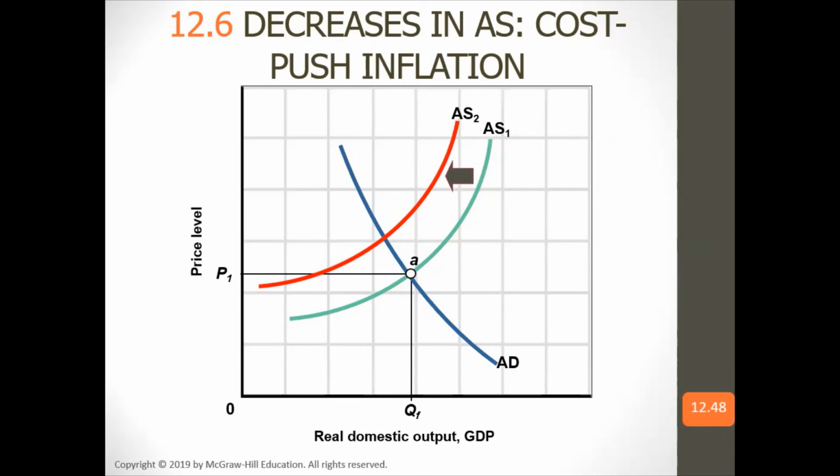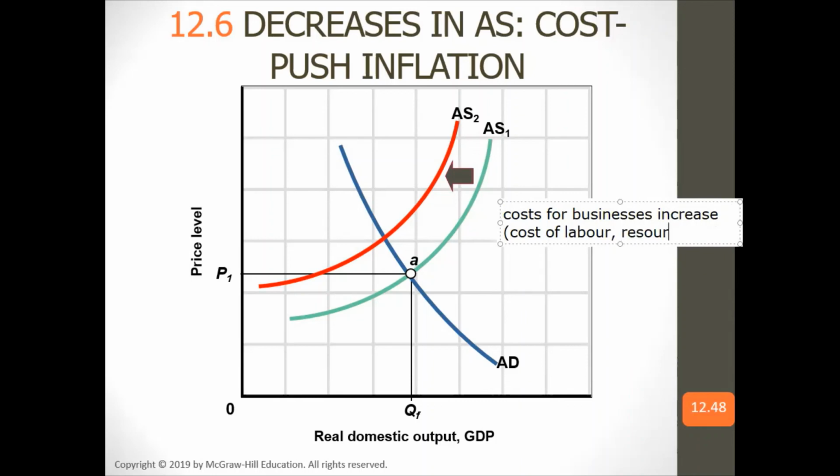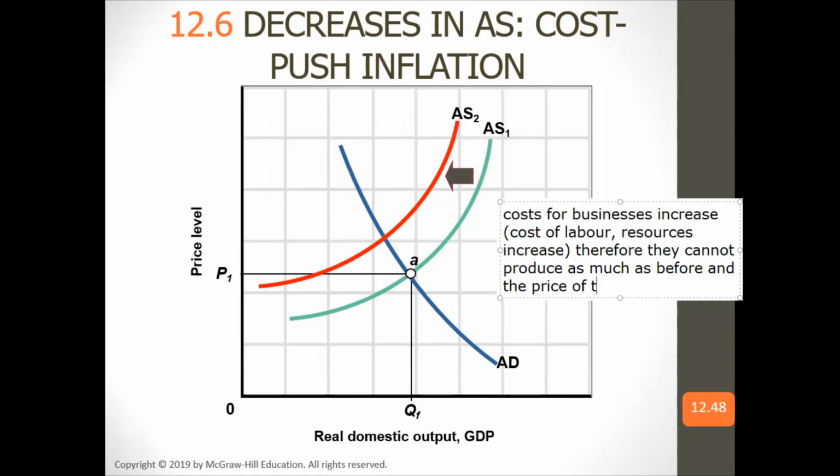This is when costs for businesses increase, like the cost of labor and resources. Therefore, they cannot produce as much as before, and the price of their product goes up. So that's what happens here.